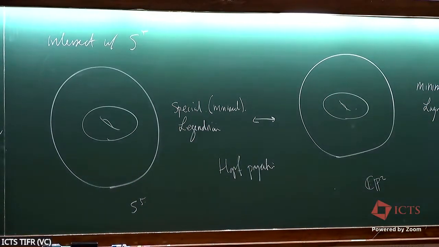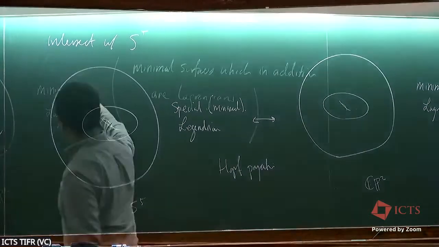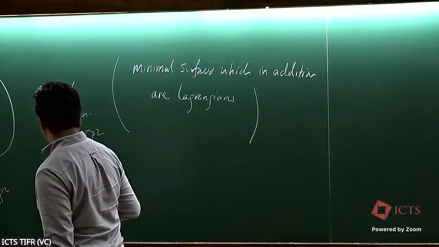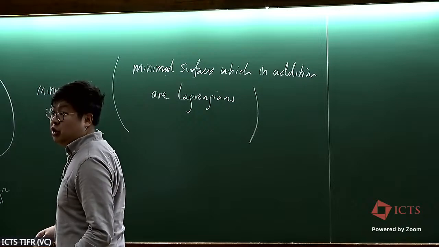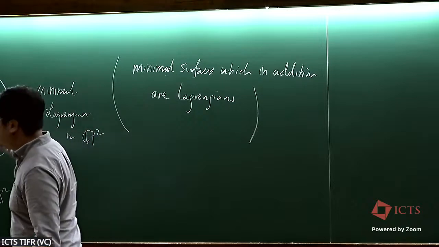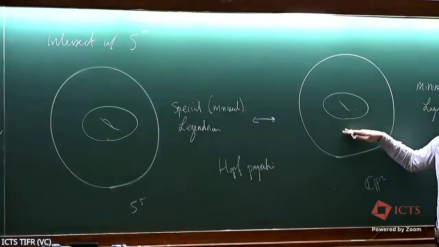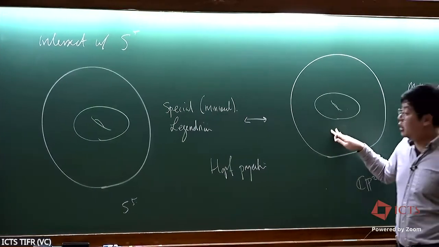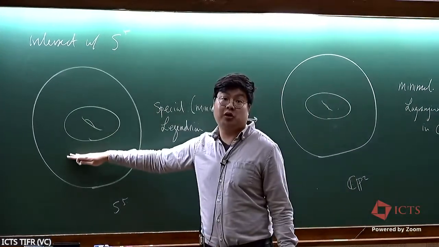In terms of the history, there are a couple of natural examples. The simplest example of a minimal Lagrangian surface in CP2 is RP2. RP2 sitting inside here is certainly a minimal surface and a Lagrangian. You can check that. When you lift up here, you get an equatorial two-sphere, so that's no surprise.